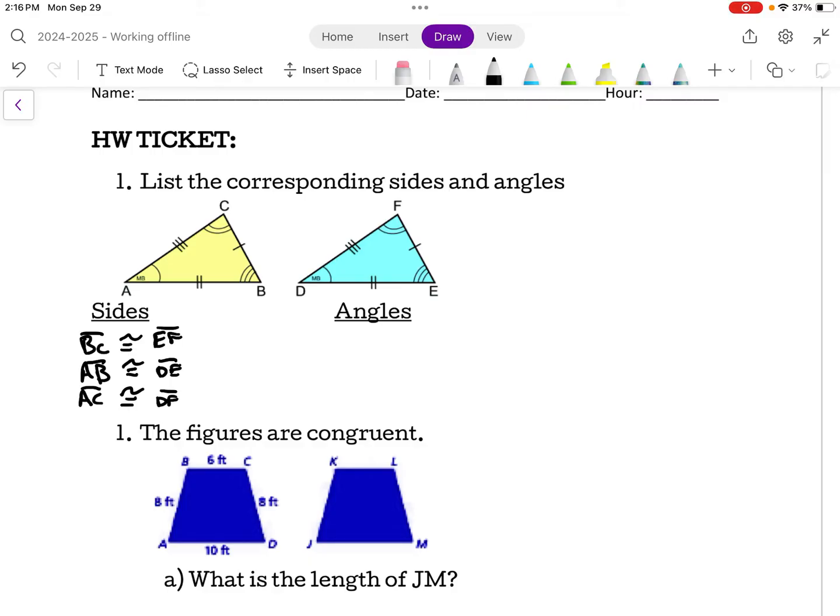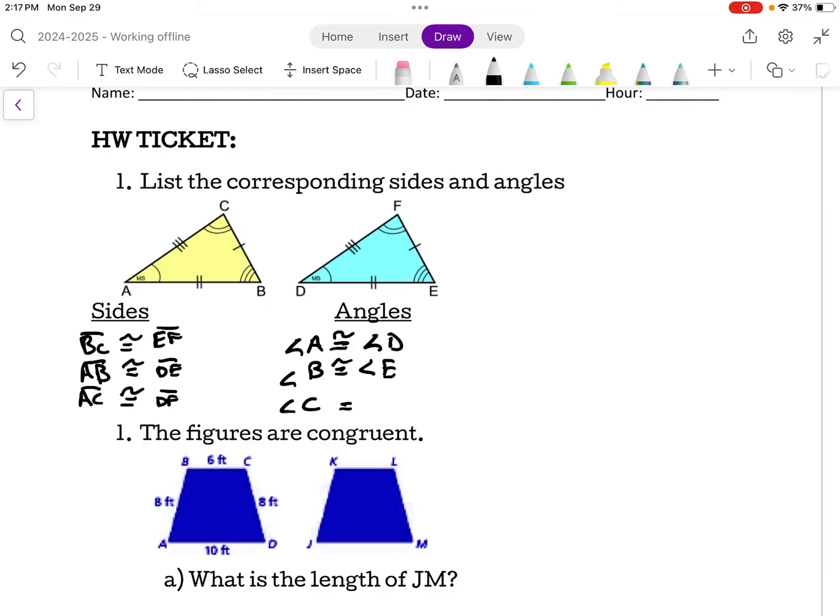And then as far as the angles, I'm looking for angle markings, and I have angle A is congruent to angle D. And you'll notice the congruent symbol I'm doing is just an equal sign with a little squiggly line over top of it. That's the symbol for congruence in math. And then angle B would be congruent to angle E.